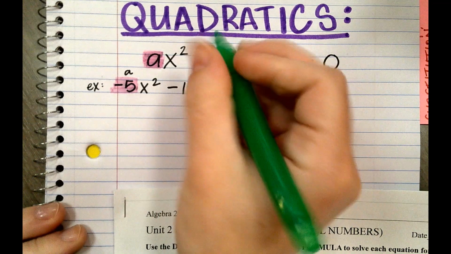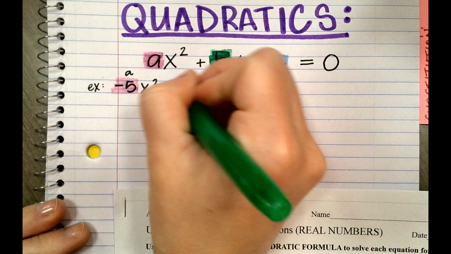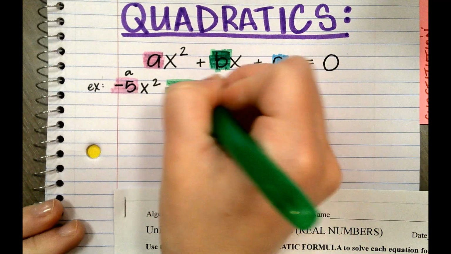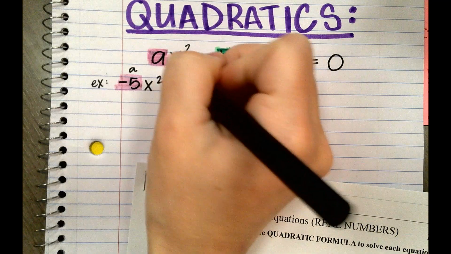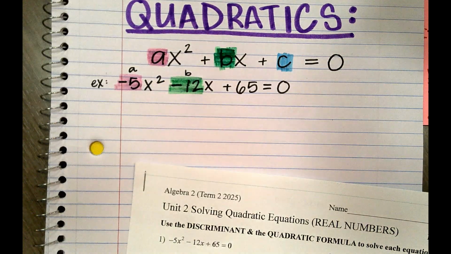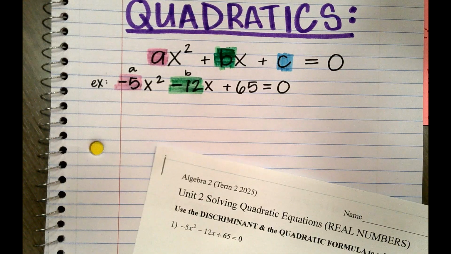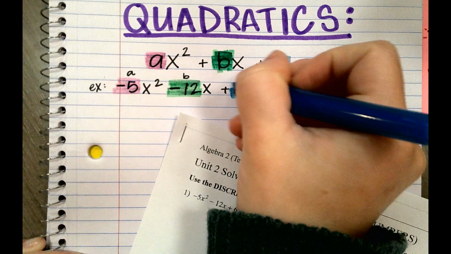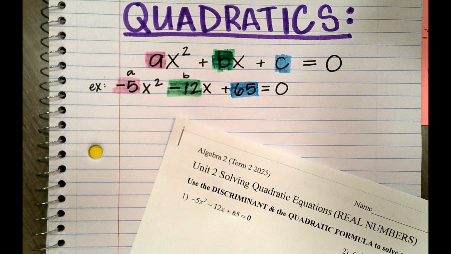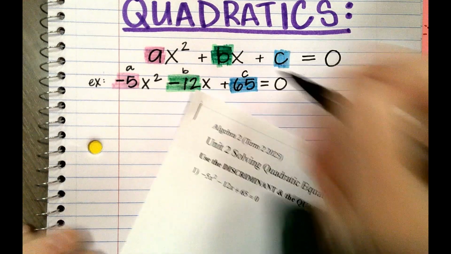Good. So making sure that we pay attention to signs. -12 is B. And what would be C? 65. There you go. We can identify A, B, and C.